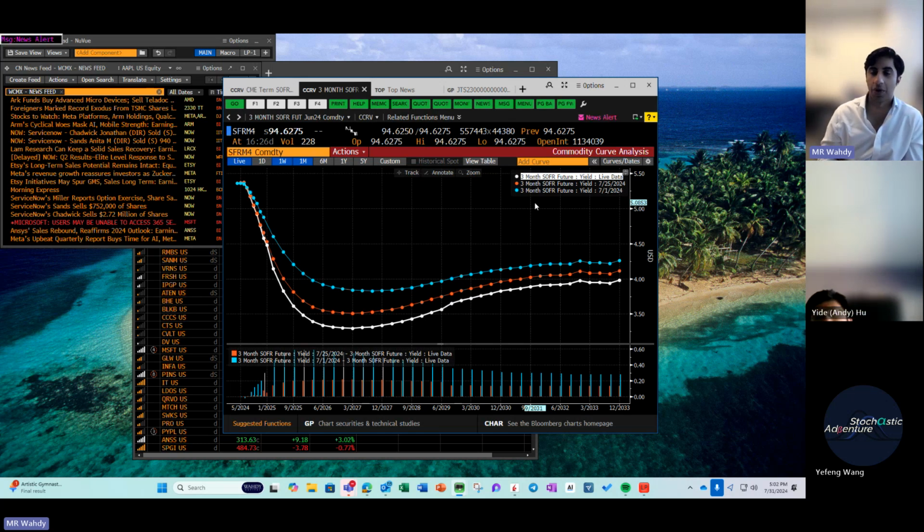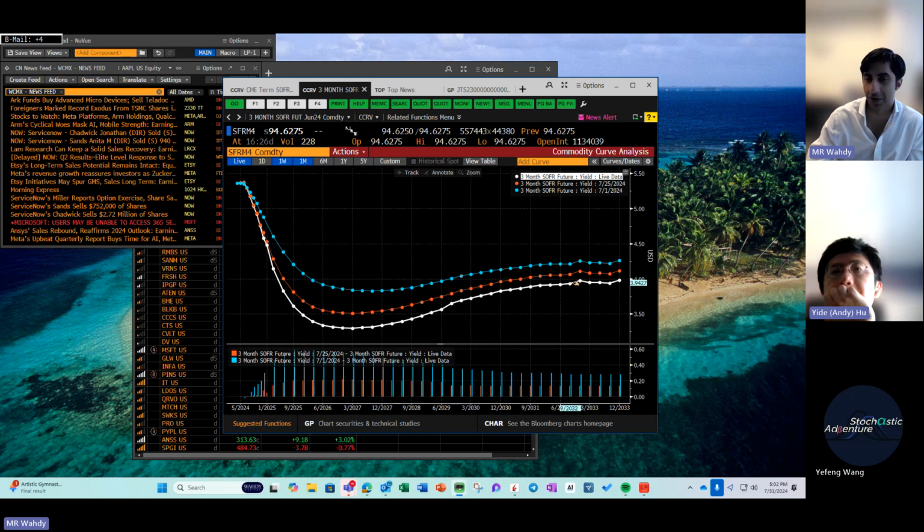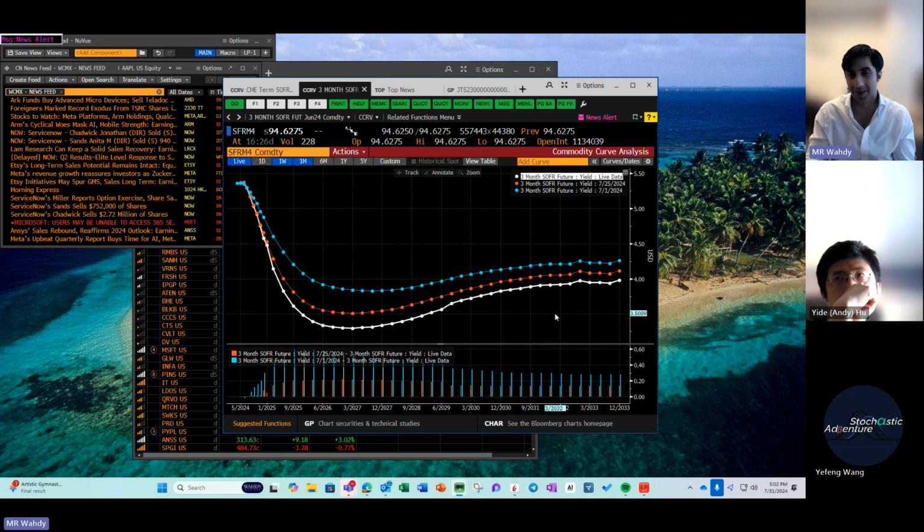That's where your nominal yield would be. So you can see that's where the market goes in the long run, closer to that 4% mark. That's because the Fed has this goal of getting 2% inflation and roughly 2% growth. So that's why in the long term you get to this 4% range.